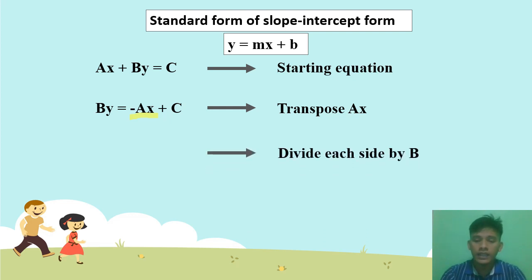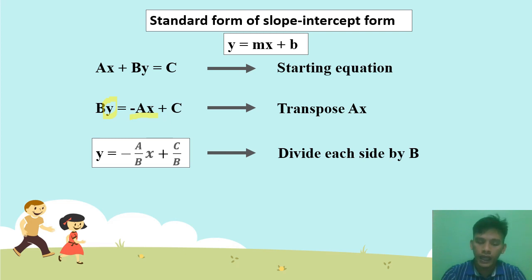Divide each side by b so that y will remain. So y is equal to negative a over b x plus c over b. Using the formula y is equal to mx plus b, our m is found here, and our b, which is our y-intercept, is here.